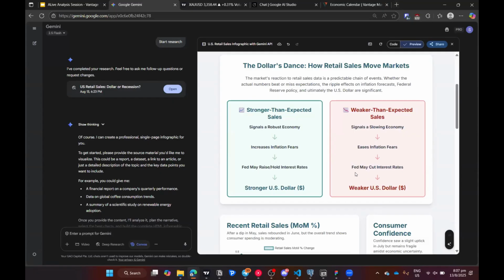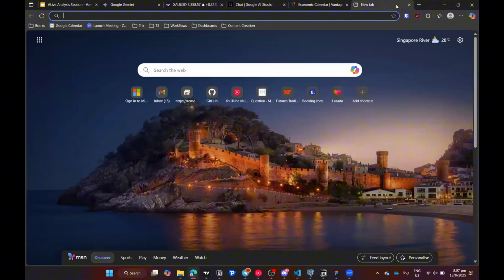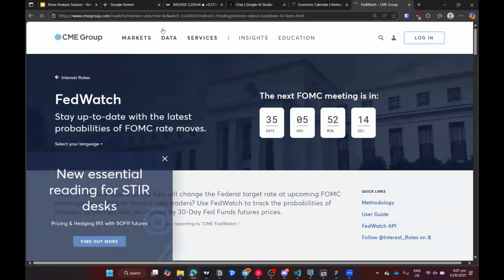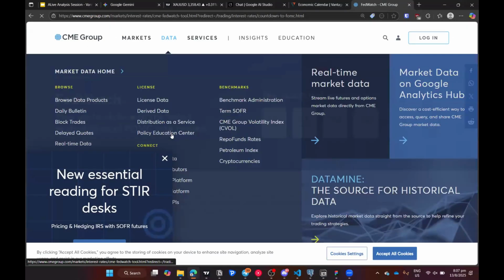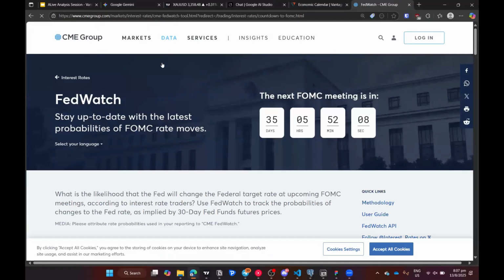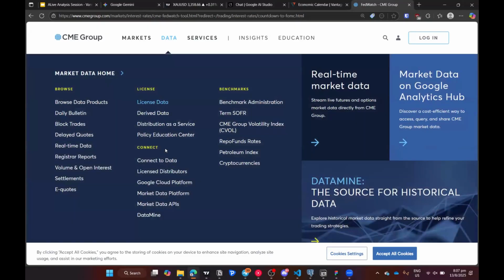Okay, so how do we see the probability that the Federal Reserve may cut rates? We want to go to the Fed Watch tool. You go under CME Group, under data, and then Fed Watch tool. Where's the Fed Watch tool? Or is it under markets?